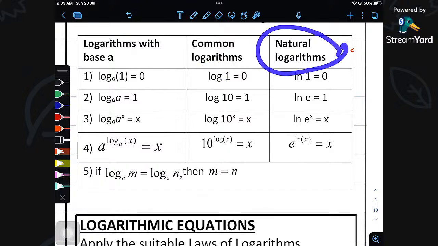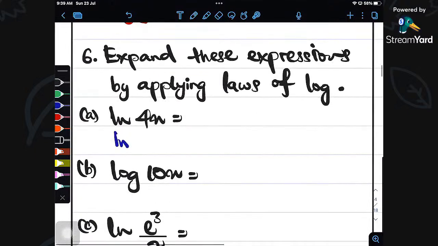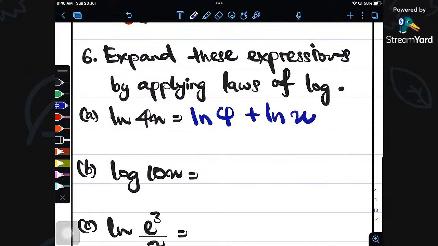So please make sure you understand that when I say ln, I am referring to ln. If I say log, it means the usual log, the common log. So here goes ln 4x. This natural log ln 4x can be divided into ln 4 plus ln x.